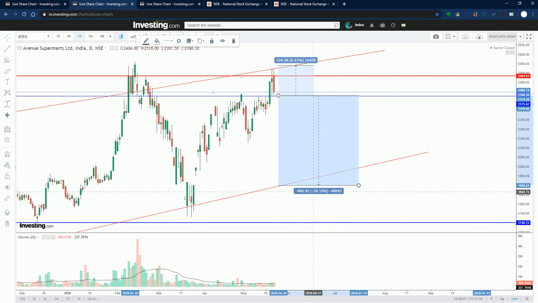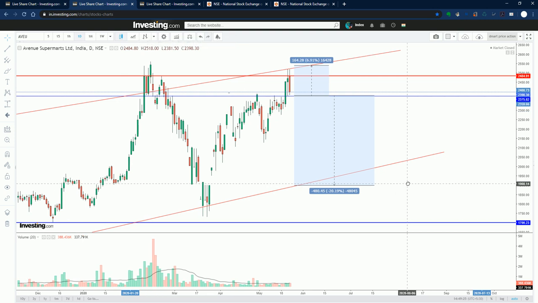So 20% is what the fall seems to be. Overall we can say the risk to reward ratio is not good: the risk is very high and the reward is very low in terms of up move. So it's better to wait for this level, either the gap fill or the 78.6% level of Fibonacci that can be seen.